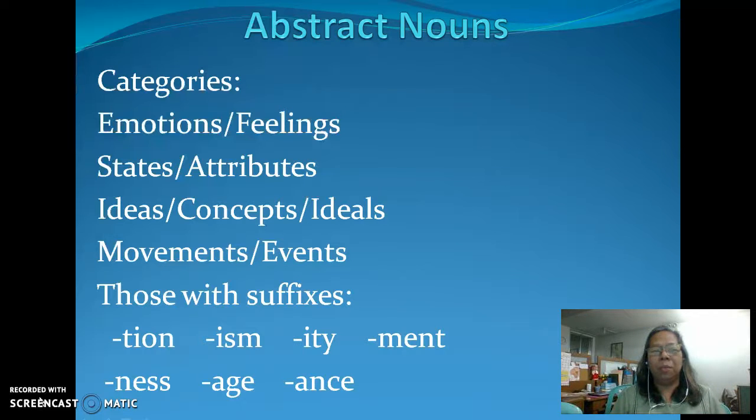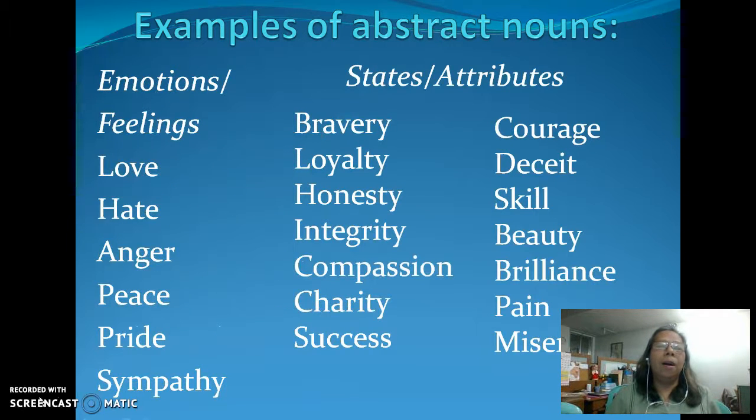Another category would be movements or events. And then the last one is a special type of abstract noun, and I will be discussing how they will be formed later. Okay?